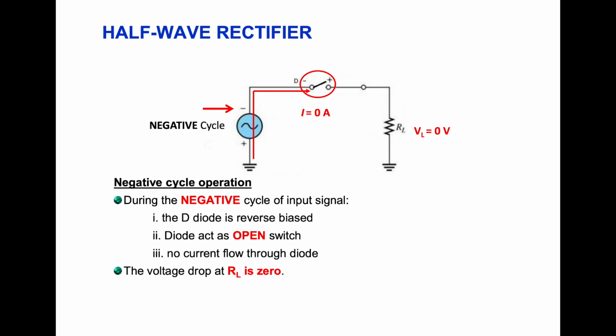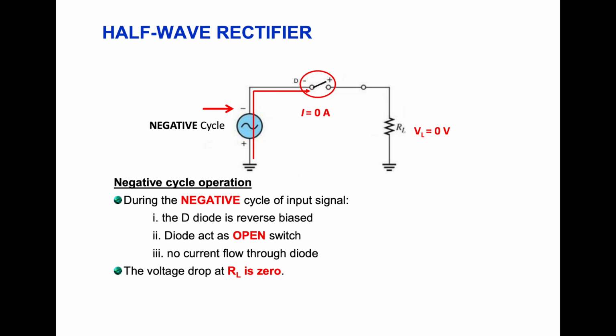And then during the negative cycle of the input signal, this diode is reverse biased. So the diode acts as an open switch. Just now it acted like a closed switch. Now it acts like an open switch, so there is no current that flows through this diode, and the voltage drop at RL is 0.